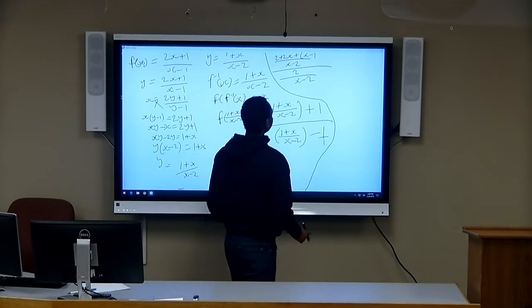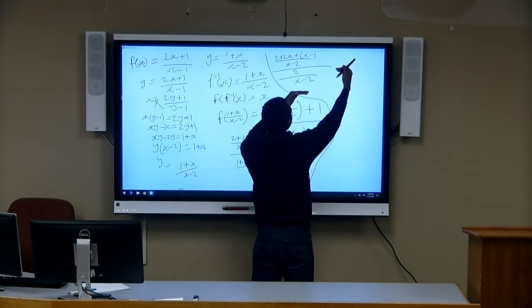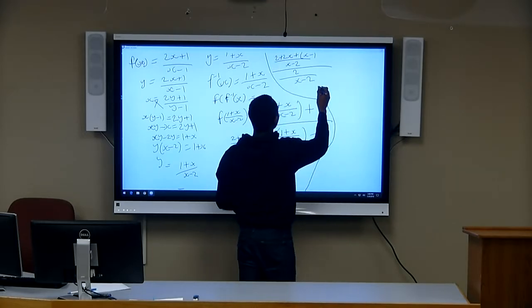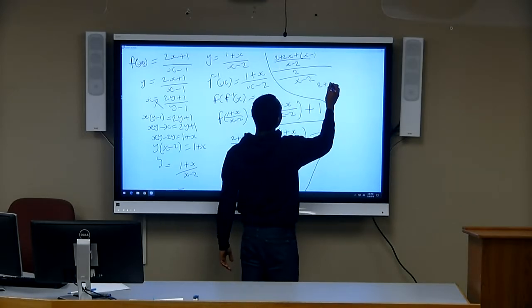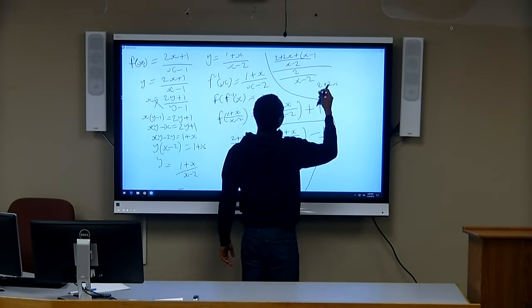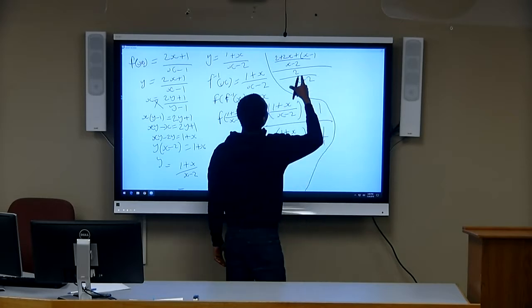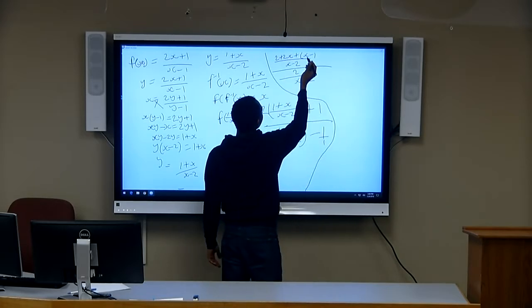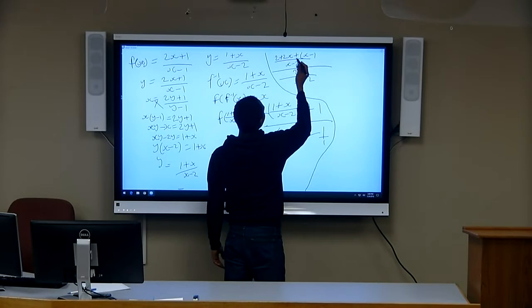So here we can bring this in here and flip it and multiply it with this. If we do that, it's going to be 2 plus 2x. Okay, this thing is 2x plus x is 3x, and 2 minus 1 is 1.